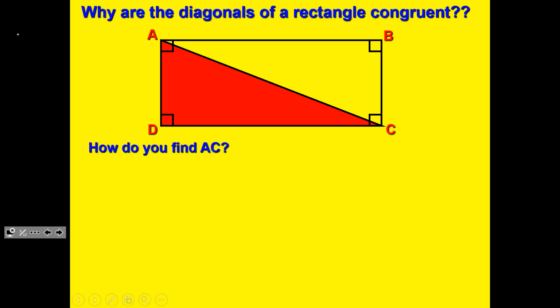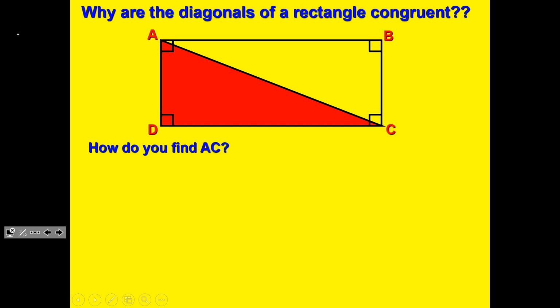So if we were to look for AC, the length of AC, what would we do? Okay, right. If they gave us lengths, we could use Pythagorean theorem, and it should be the hypotenuse. Very good. If it was on a coordinate plane, and they gave you the points of A and C, then you could use distance formula.